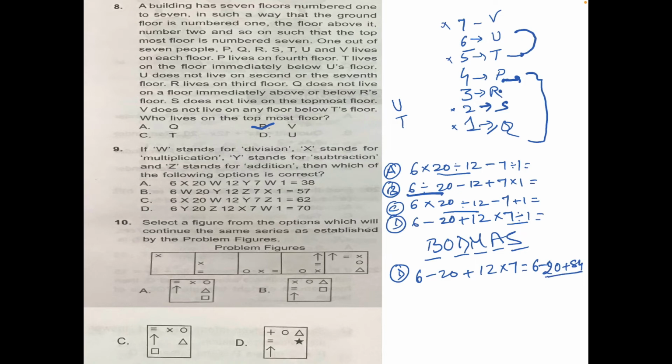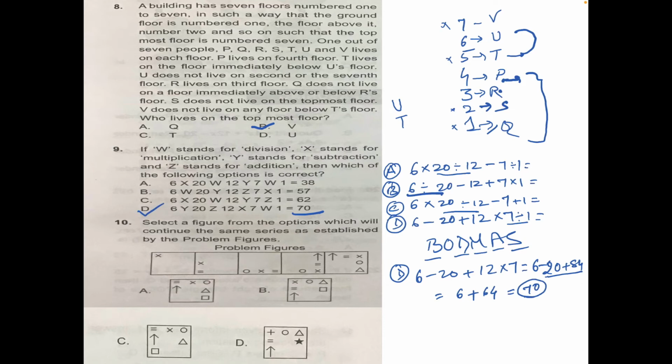Since it is a negative number, minus 20 I'll subtract from 84 and that will finally give me 6 plus 64, right? So, what will be the final answer? 70. So, which is the correct option? It is option number D. See, I got 70 and here also it is 70. So, option D is the correct answer here.